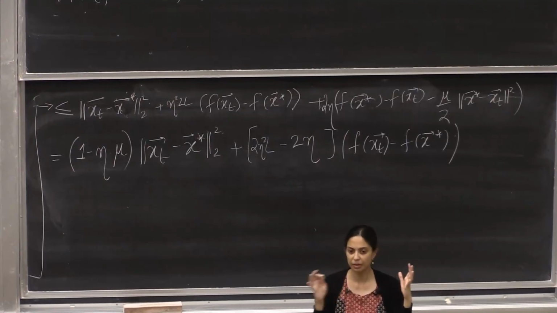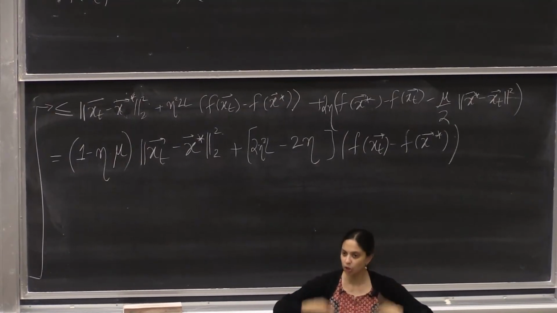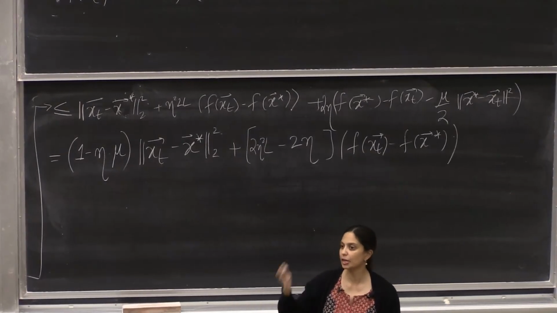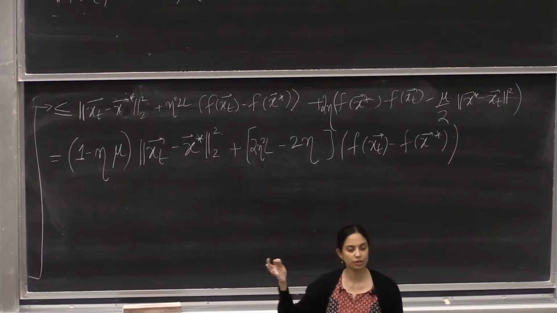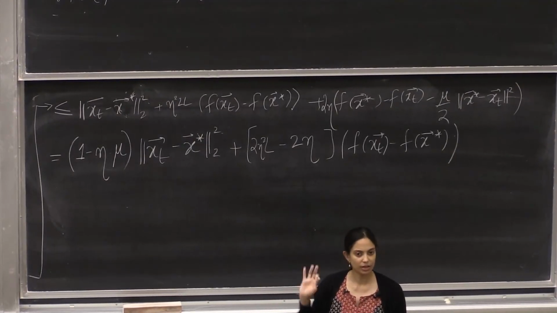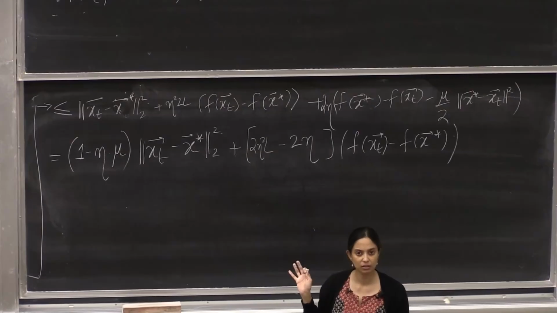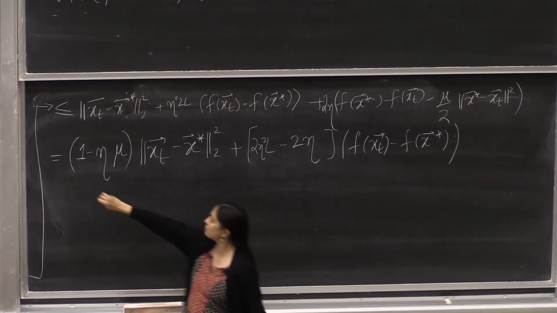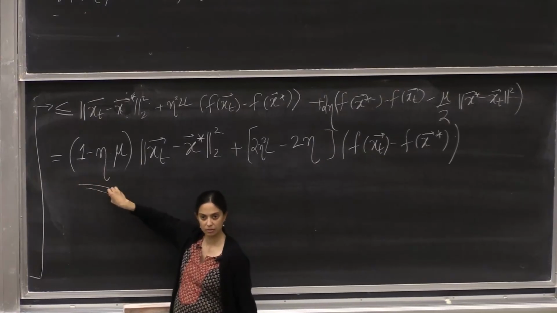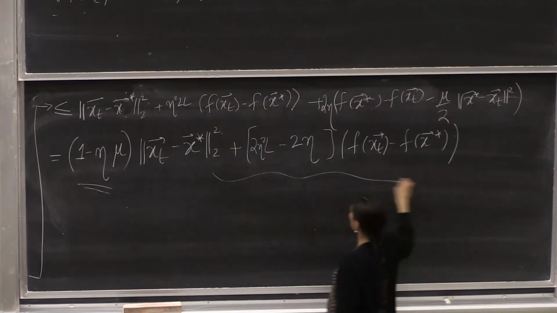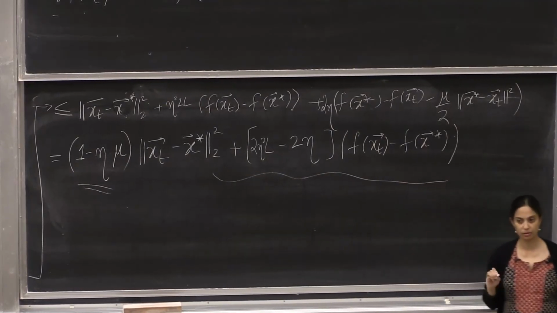Remember that? And then I can just do recursion over and over again, and then get an exponent. If that exponent is less than 1, then it must decay to 0. Does everyone remember that that's what we did? So here I have some exponent term, but then I have this other stuff hanging around here.